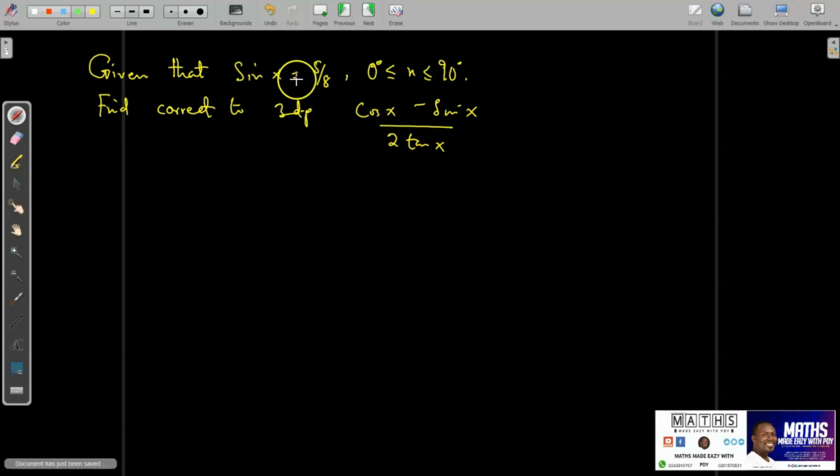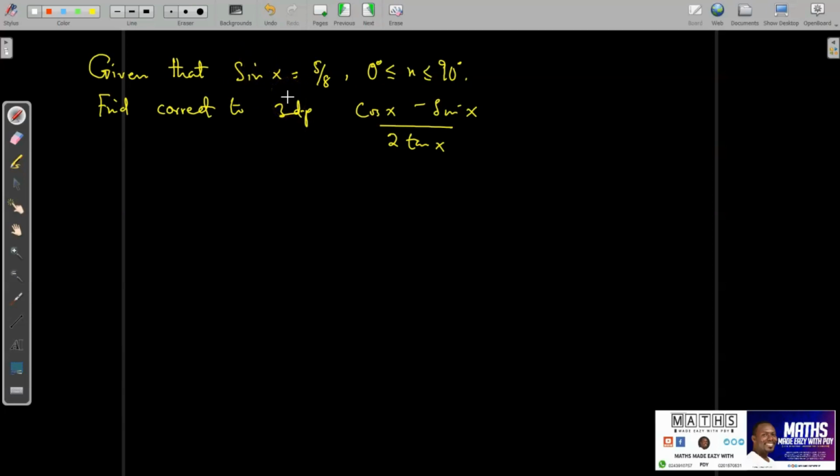Now this sine of x, which is equal to 5 on 8, where did it come from? Where were the trig ratios generated from?